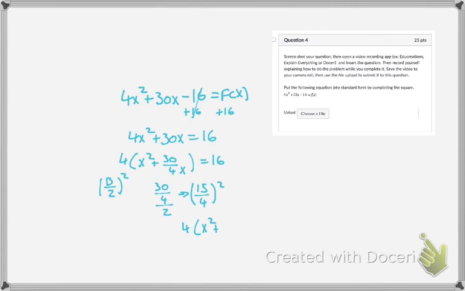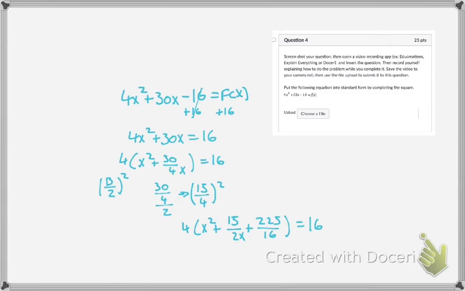So 4 times the quantity x squared plus 30 over 4x, let's simplify this one down, 15 over 2 x, plus 225 over 16, close parentheses, equals 16.